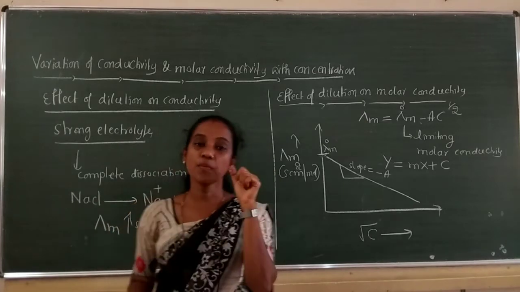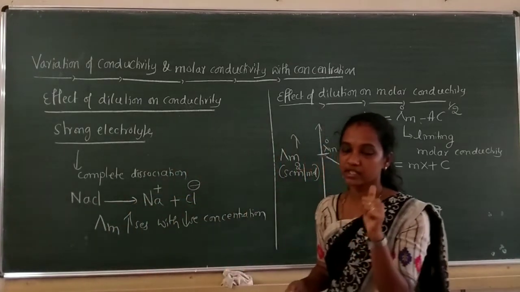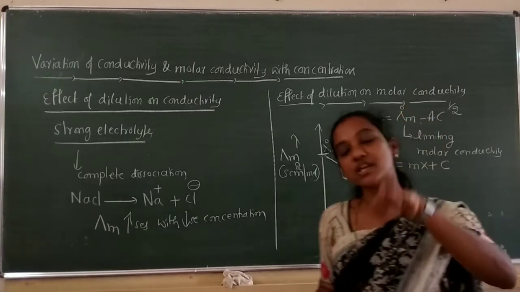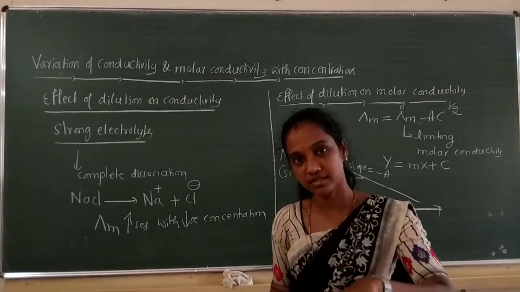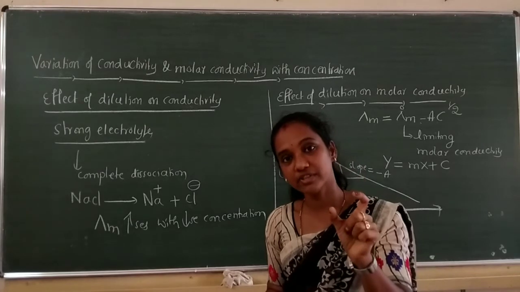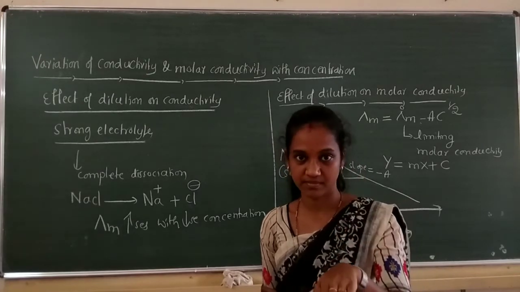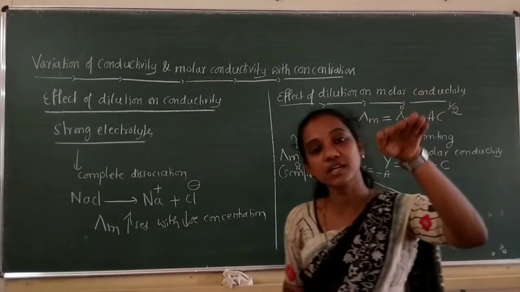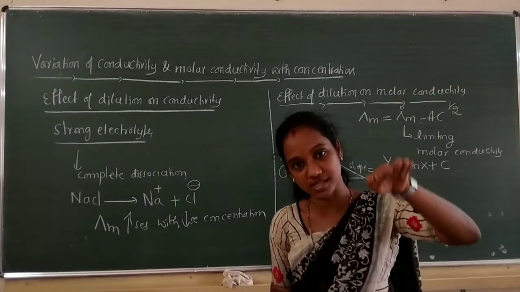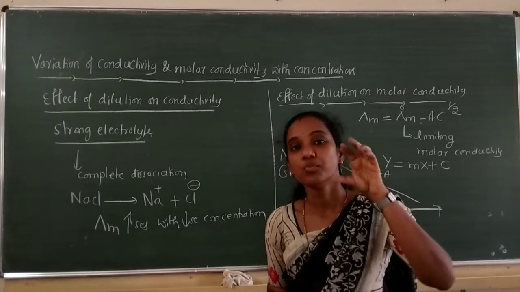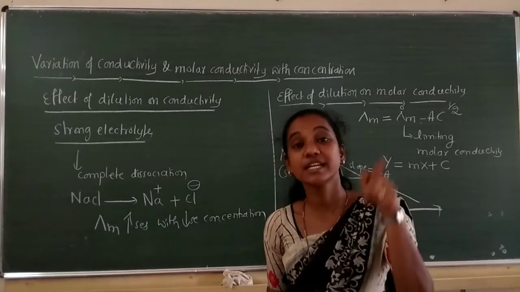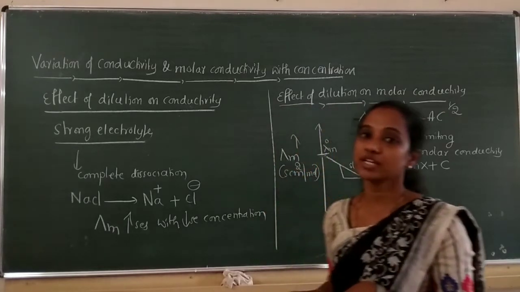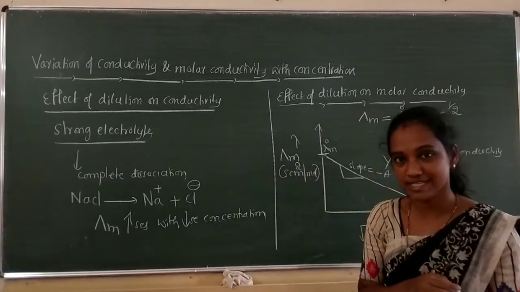So, variation of conductivity and molar conductivity with dilution. As we decrease the concentration of the electrolyte, conductivity decreases. And if the solution is diluted, then molar conductivity increases, because the volume of the solution containing 1 mole of the electrolyte increases.